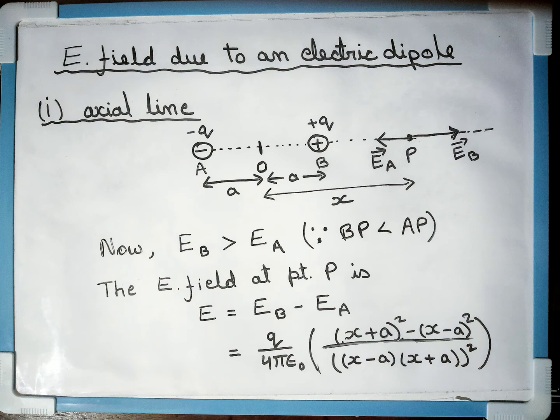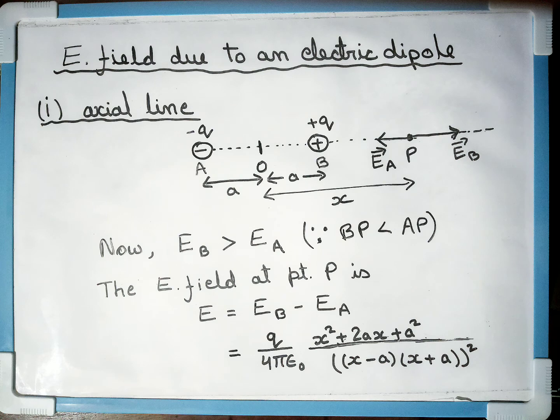Now in the above numerator, we can expand it using the formula (A plus B) whole square. So here we have x square plus 2ax plus A square. Similarly, using (A minus B) whole square, what we'll get is minus x square minus 2ax plus A square.